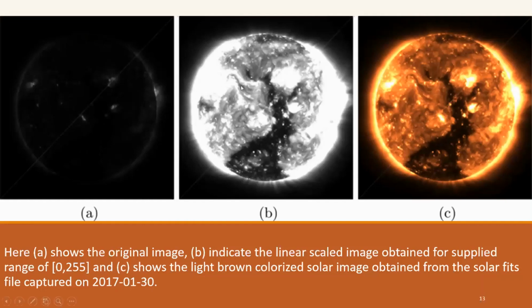And this is the enhanced image, this bright region, and this is the colorized image. But don't think that this is the actual image; it is a false color image of these solar UV images.